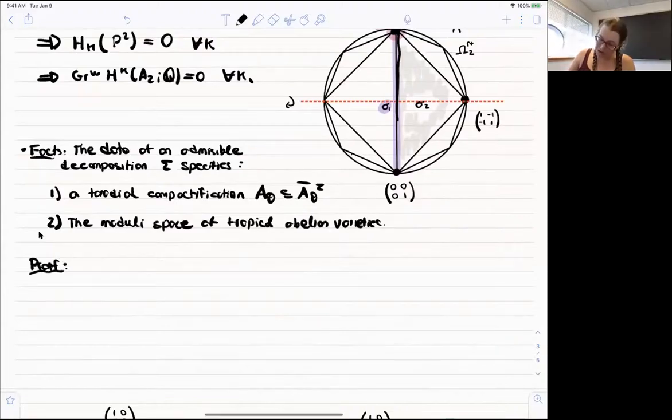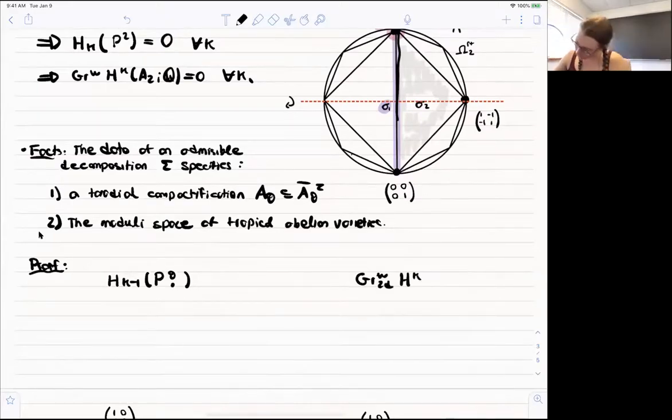On one side, I said we had the homology of this chain complex, PG. And on the other side, I said we had the top weight cohomology, with some shift in degrees, of AG. And I need to build an isomorphism between these two things. So where is this isomorphism coming from?